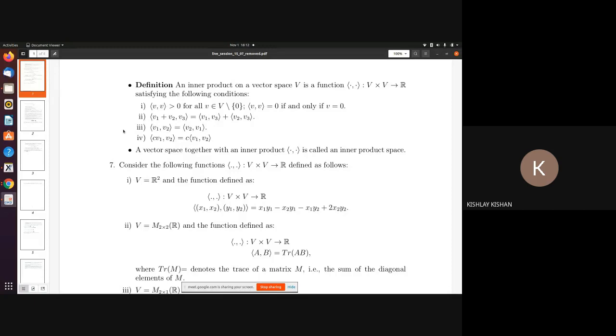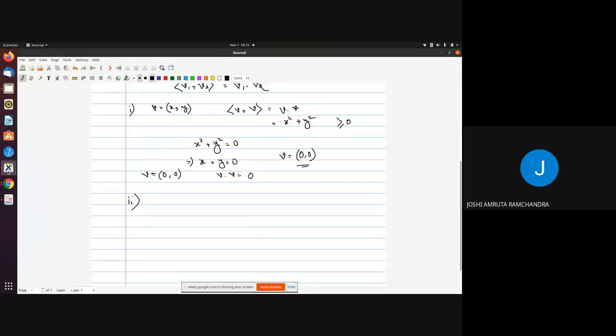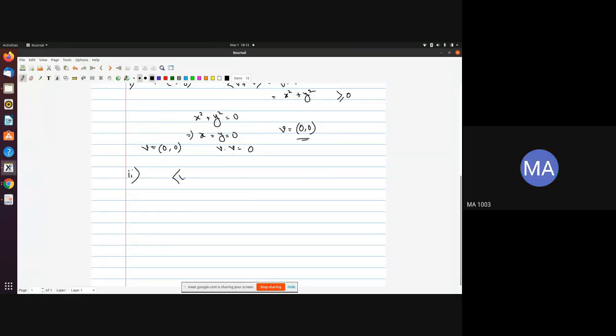We call the second and fourth together bilinearity, and the last one is symmetry. Yes, the third is symmetry, you are right. Suppose I have this. If it is commutative, what can I write? I can write this also. Correct.